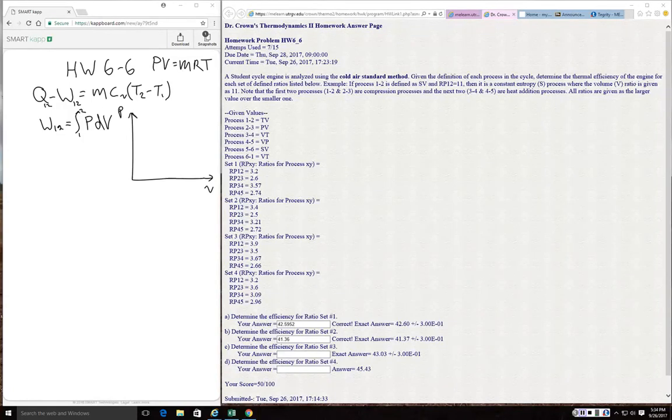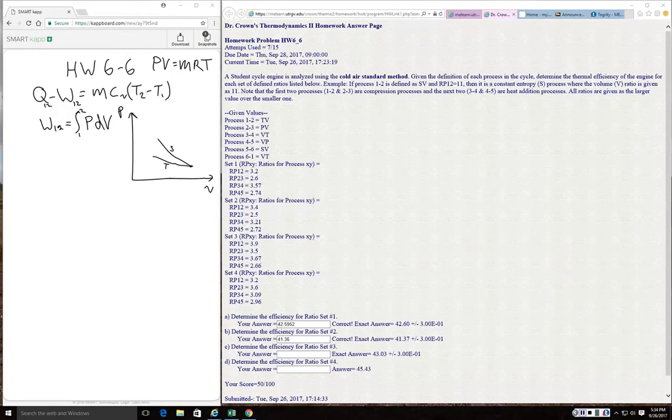And a constant entropy line, by the way, this is starting at the largest volume, lowest pressure. It's the beginning of the compression process. So an isentropic process looks like that. An isothermal process looks like that.